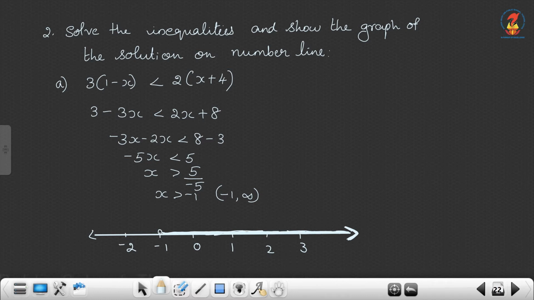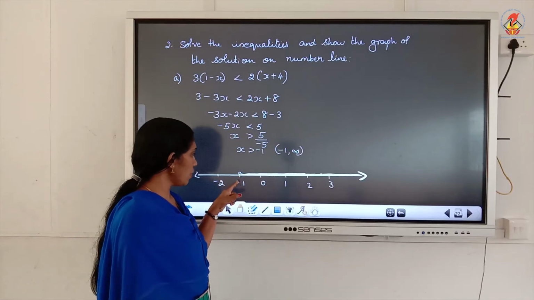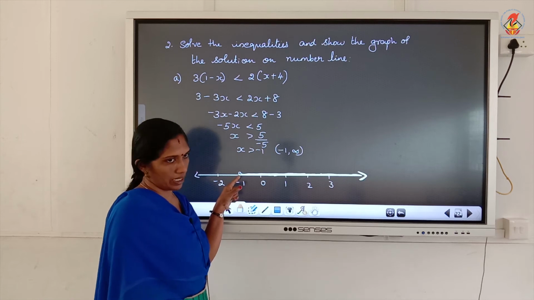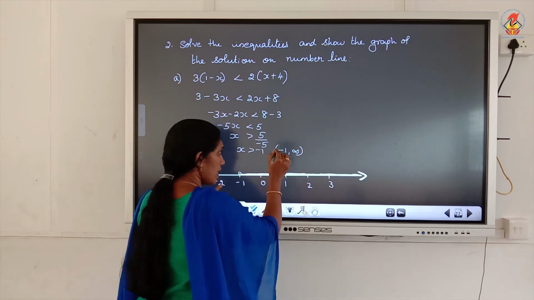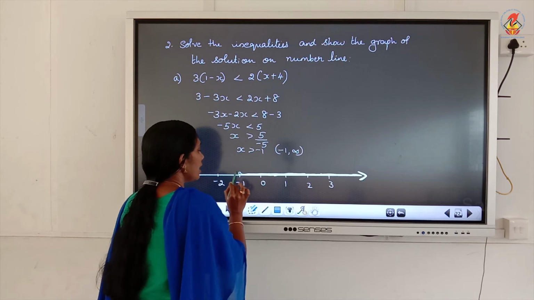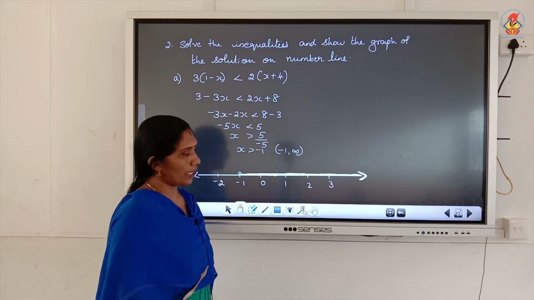Okay. So this side is the solution region. −1 is not included, that's why there is a white circle. If this part is closed, then you have to darken that point also. Okay.